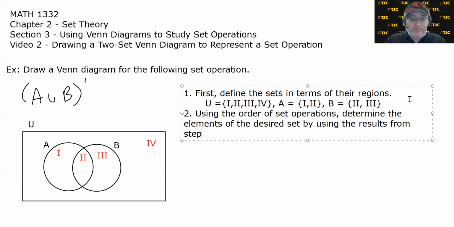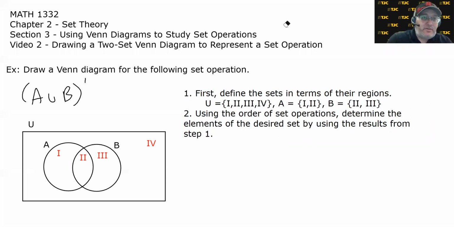All right, so what does that mean? Well, what that means is we're about to do what we did in the previous section, where we try to figure out the contents of this set. We want to find the contents of this set based on the contents of these sets.